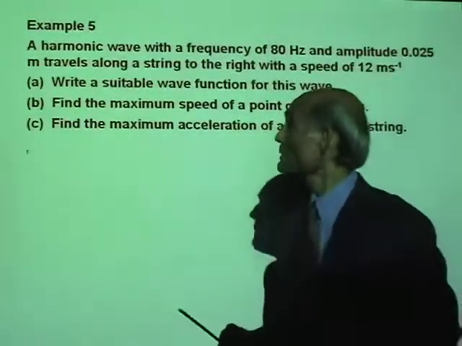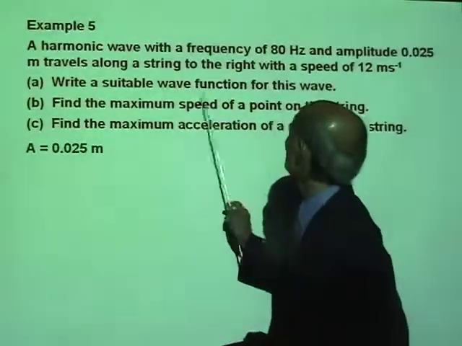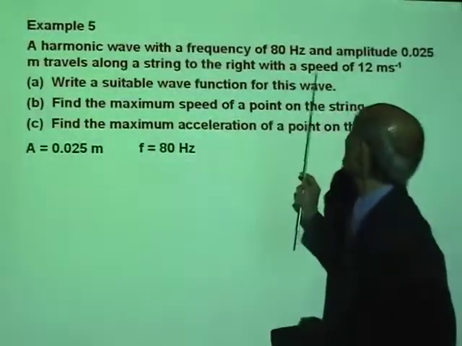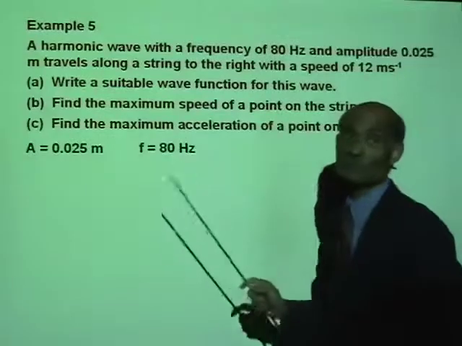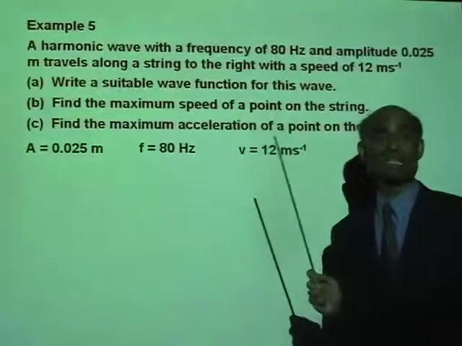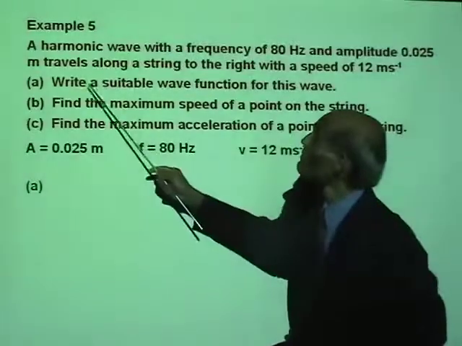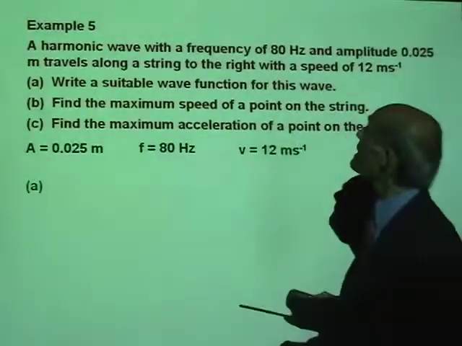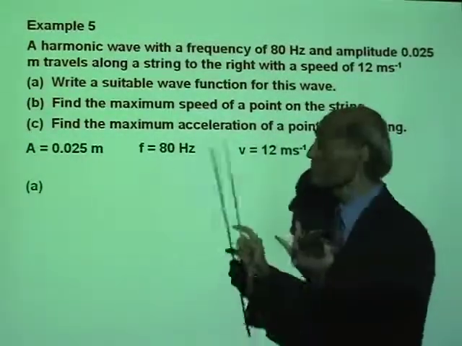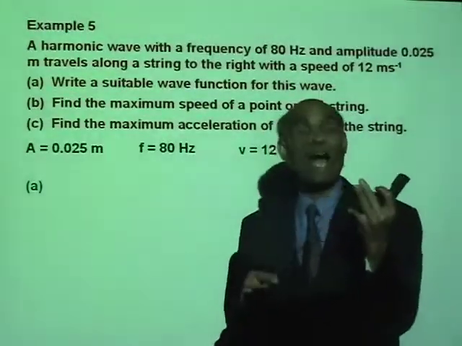Well, let's pick the given data. The amplitude is given to be 0.025 meter. The frequency of the wave is 80 hertz. The speed of the wave is 12 meter per second. Well, what is the first thing we need to find? Write a suitable wave function for this wave, which means we know the value of A. That means we need to find the value of k and omega.